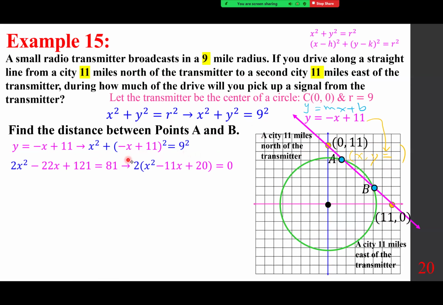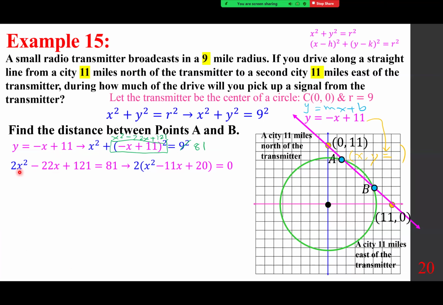So this is x squared. Let's just do this quickly. This one is x squared minus 22x plus 121. This is 81. And so x squared and x squared is 2x squared.